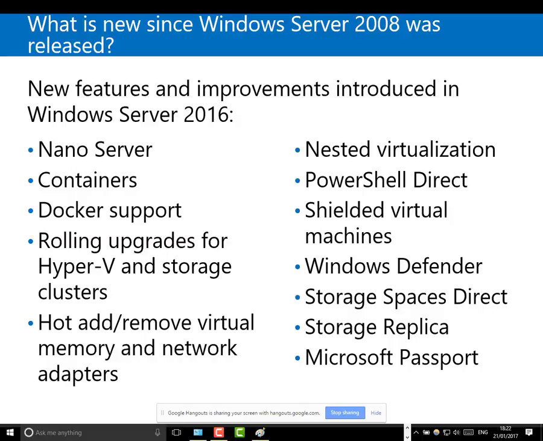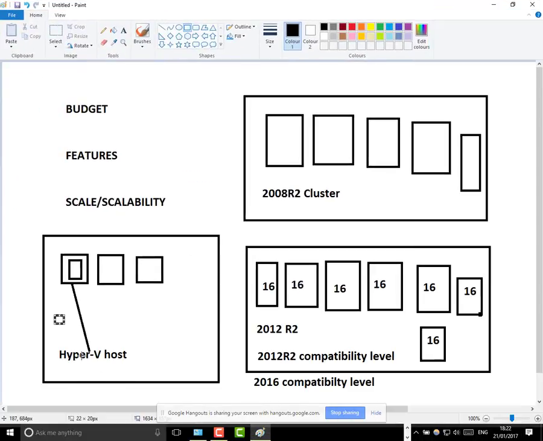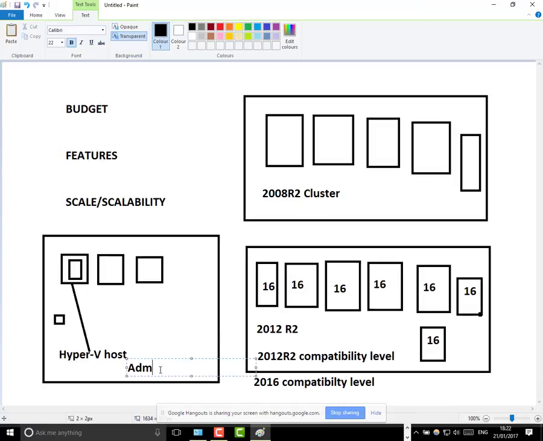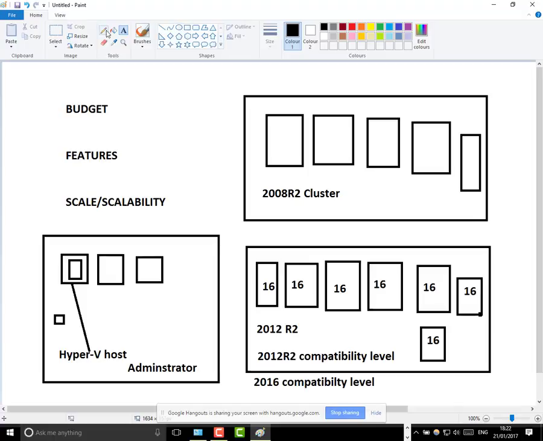Yes, it is. In the past, you had a VM here, and normally you have the administrator that is managing this Hyper-V host. It's kind of like a mini god on these hosts. They can look into all the VHD files, copy them, and move them anyhow.